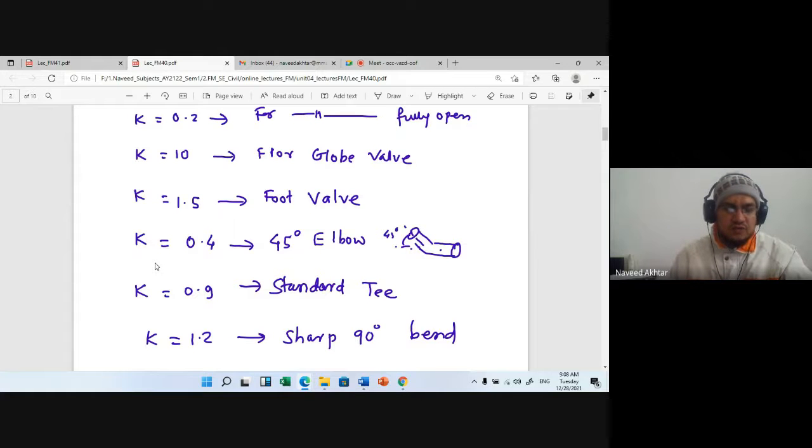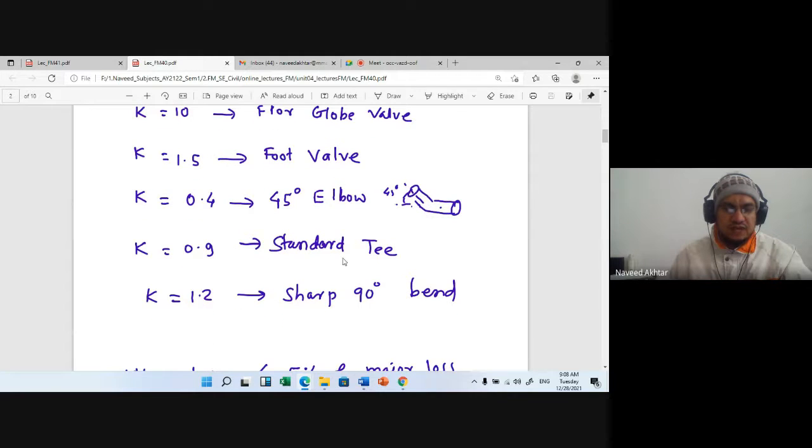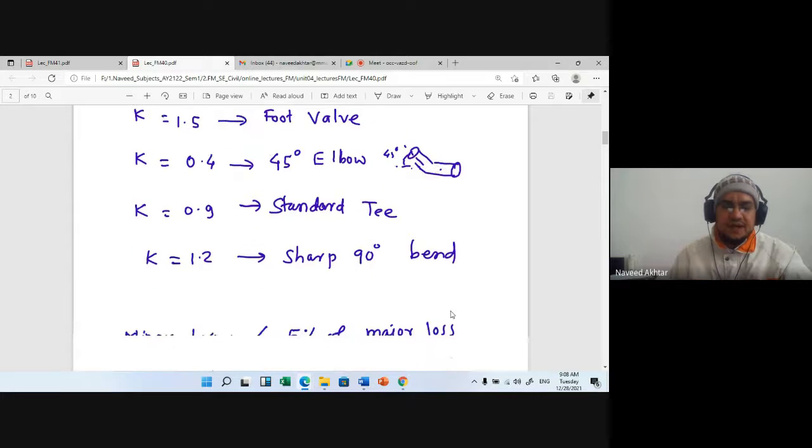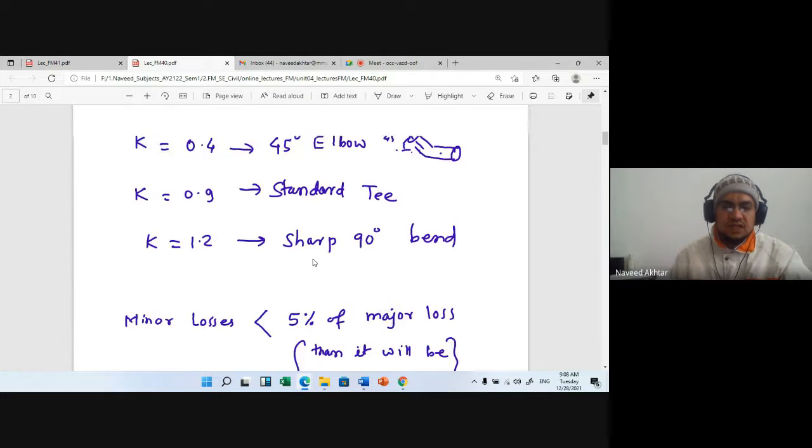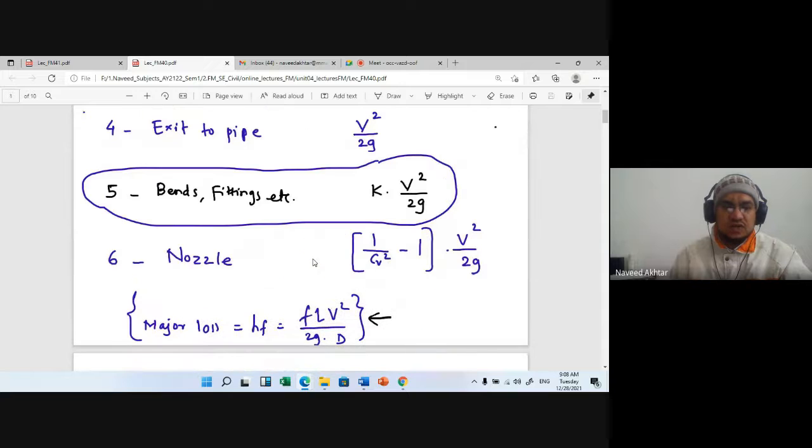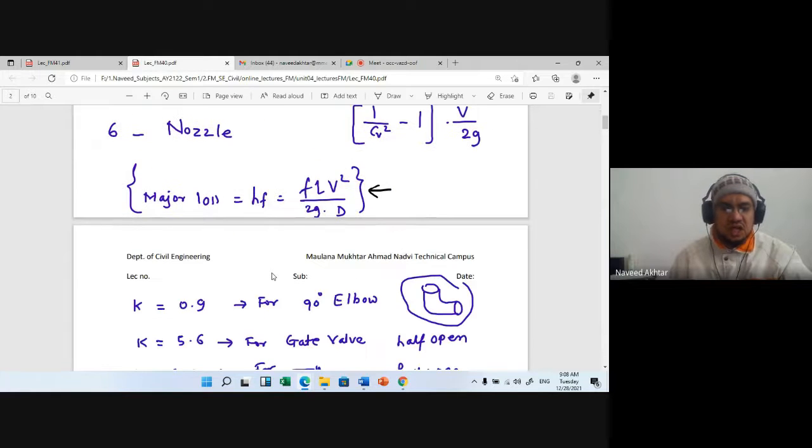K is equal to 0.4 for a 45-degree elbow, K is equal to 0.9 for a standard T we use for pipe fittings, and K is equal to 1.2 for a sharp 90-degree bend. So these are the different K values for the bends and fittings, the minor losses.